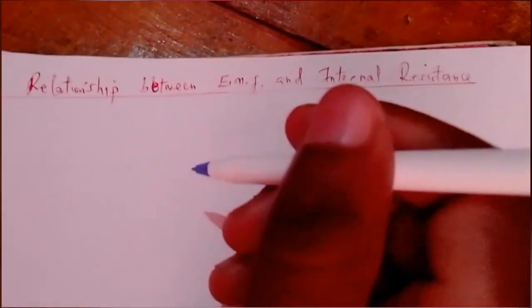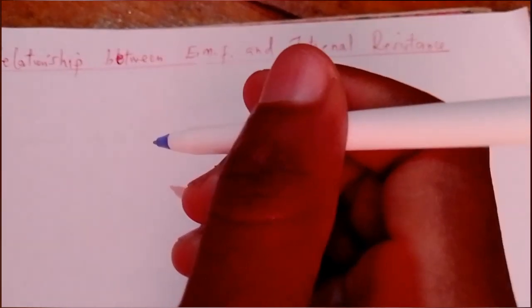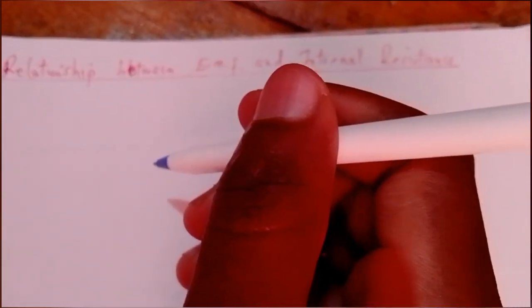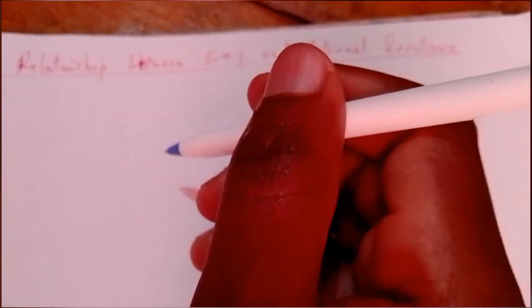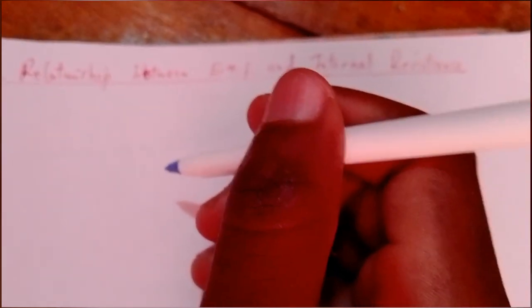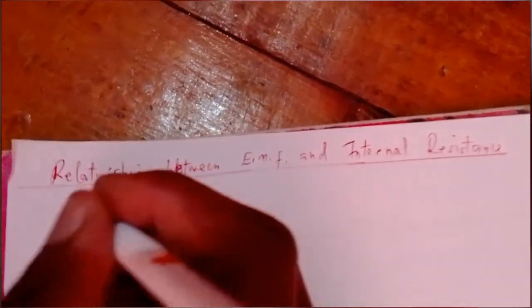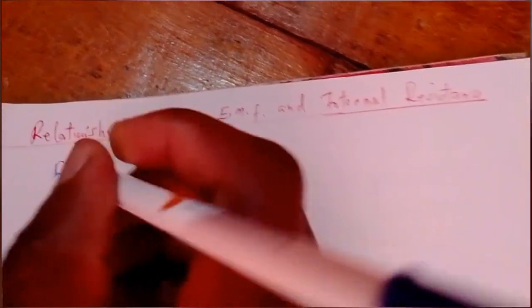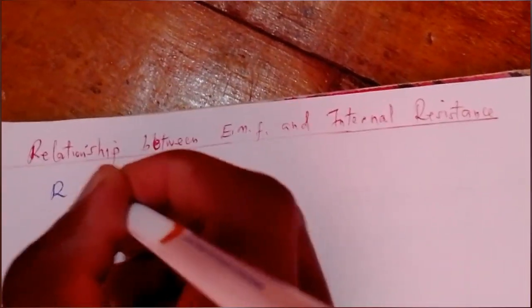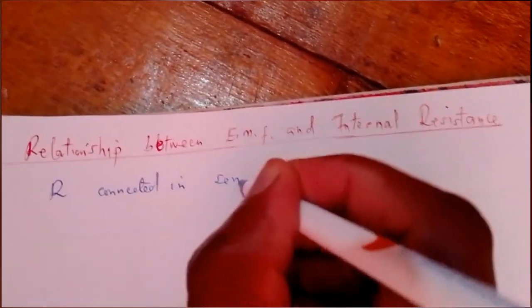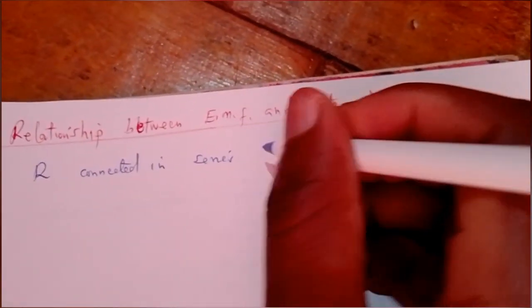The EMF of a cell is the PD, or the potential difference between its terminals, when no charge is flowing out of the cell. I mean when the cell is in open circuit. Let's say a resistor R is connected in series with a cell.